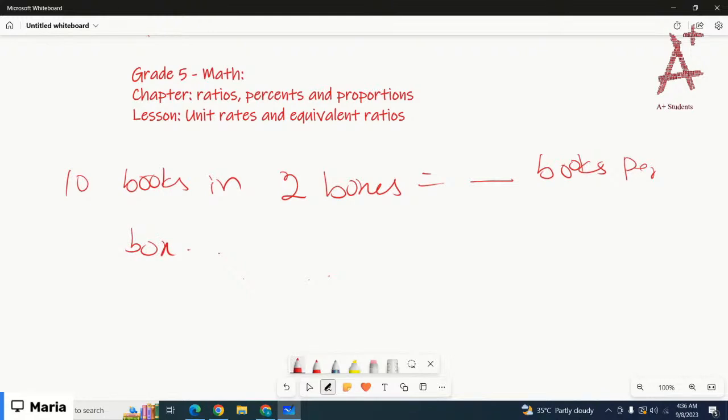That means in one box, how many books do you have? Yes, that is 5 books per box, right?